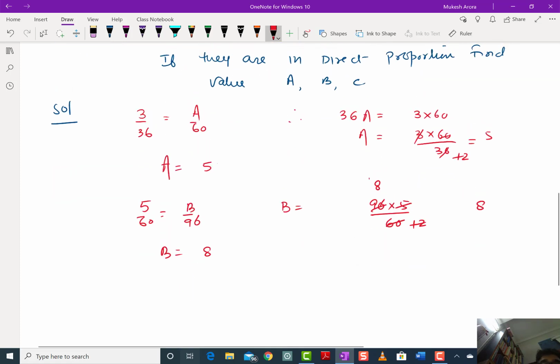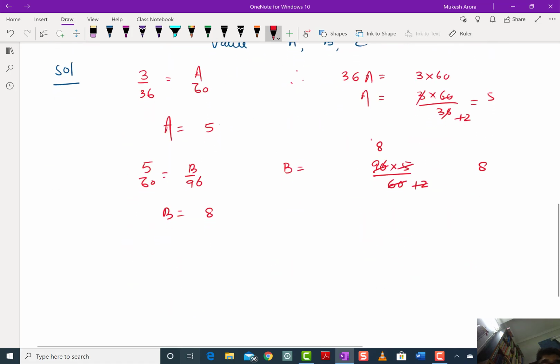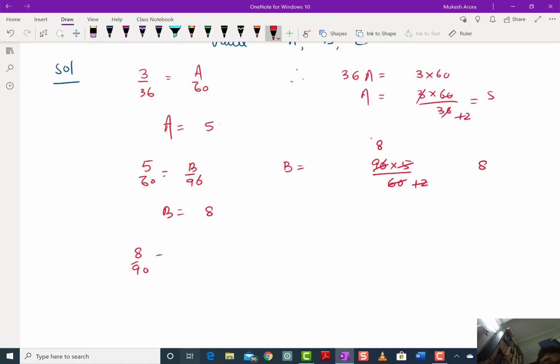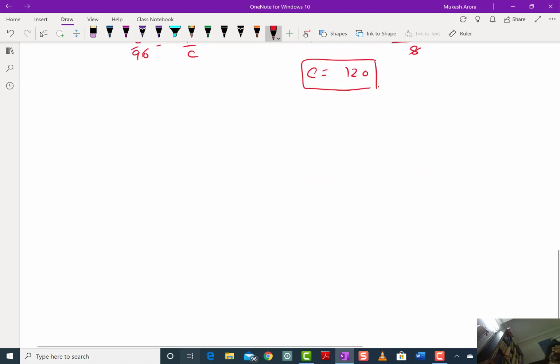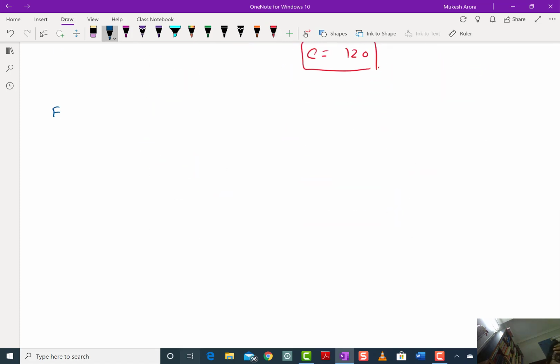Third is c. 8 by 96 is equal to 10 by c. So c is equal to 96 into 10 by 8. This is 12. c is equal to 120. So this is a, b and c. So now we get a direct sum also in this.